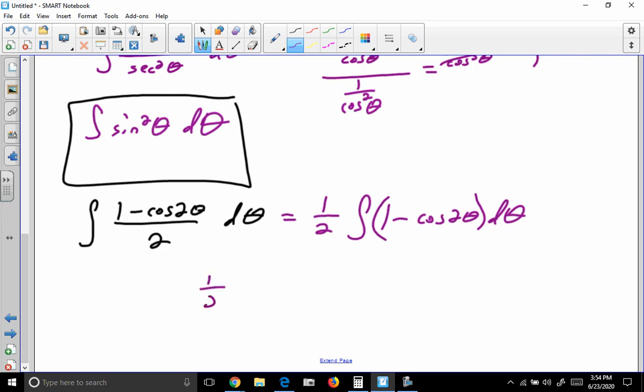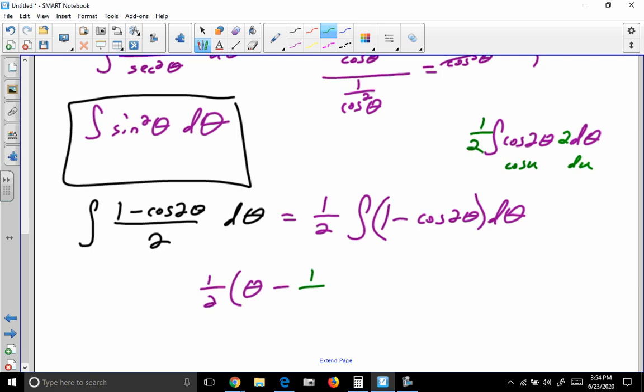So 1/2 times, when we integrate a constant, we pick up our variable. When we integrate cosine 2 theta, we're trying to make cosine u du. So if u is 2 theta, du would be 2 d theta. So if we put a 2 there, we need a 1/2 there.